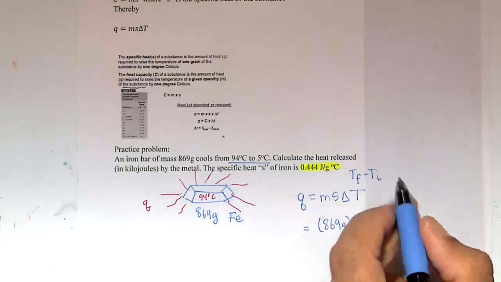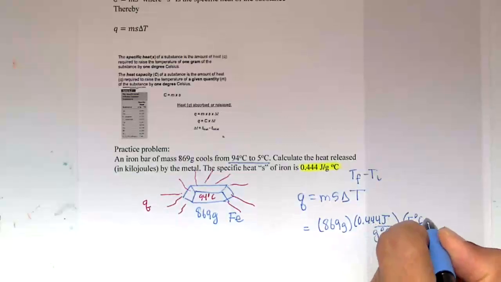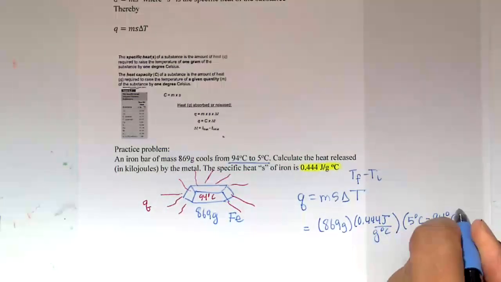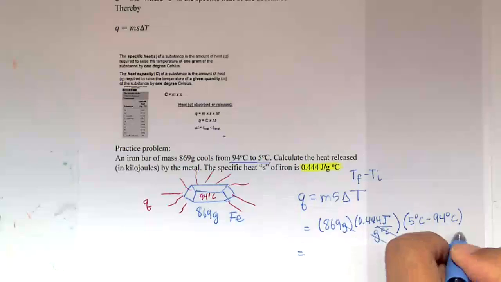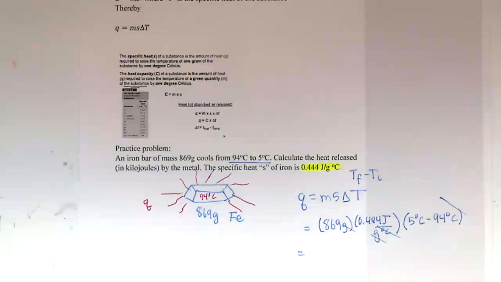What's our final temperature? What's our initial temperature? 94. So the grams cancel, the degrees C cancel.